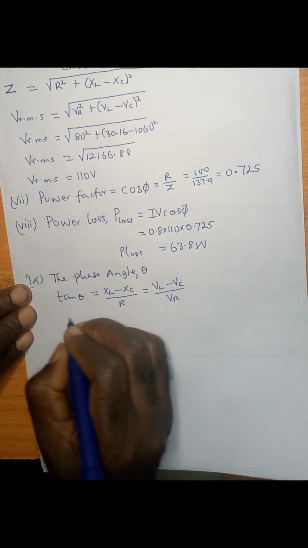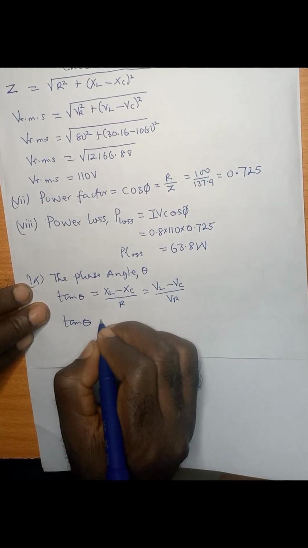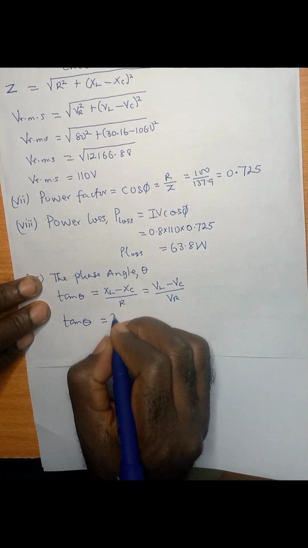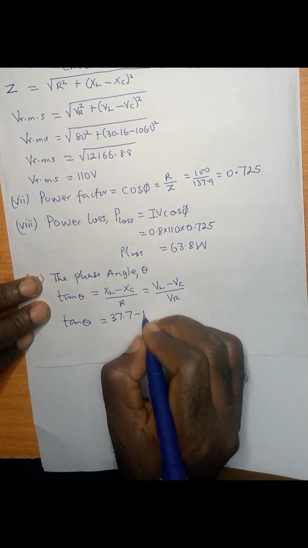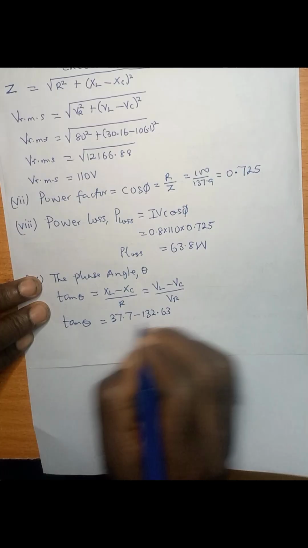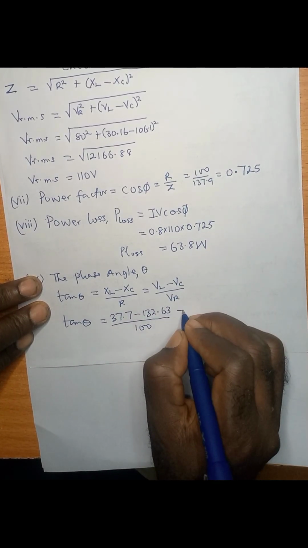Let us use this one. We have tan theta equal to XL, which is 37.7, minus XC, which is 132.63, over R, where R is 100.